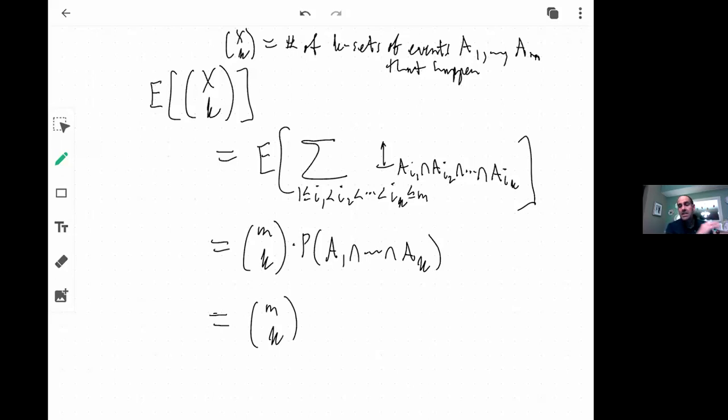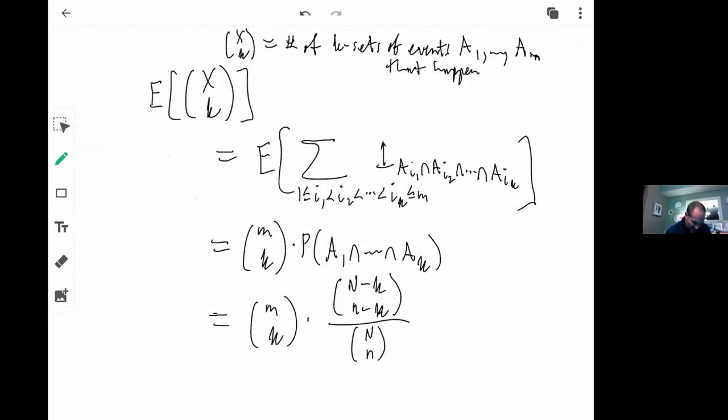Those are set aside, and I just freely choose the other little n minus k balls from the other capital N minus k balls. So it's going to be capital N minus k choose little n minus k, over capital N choose little n.